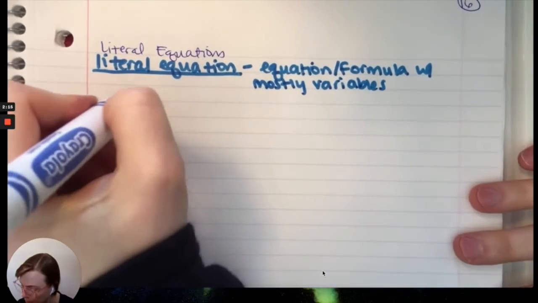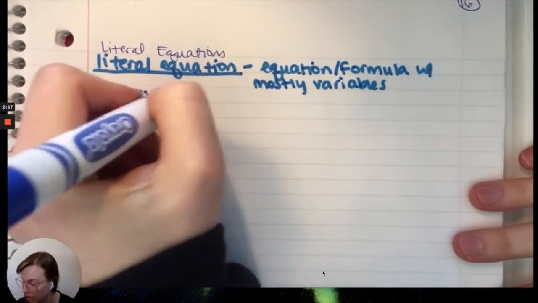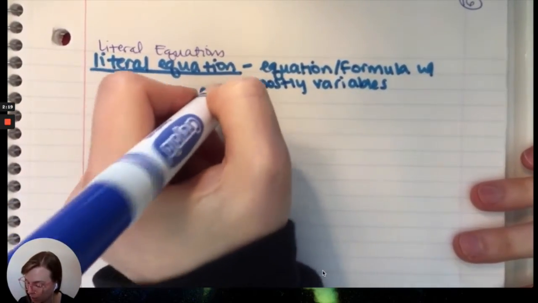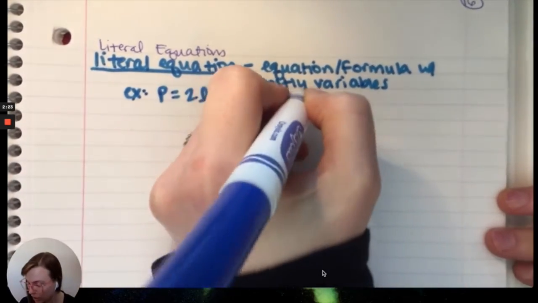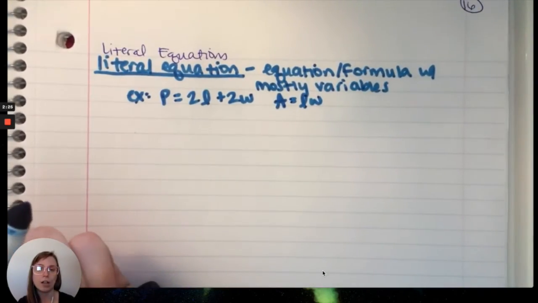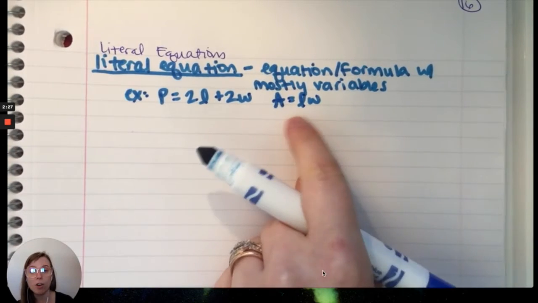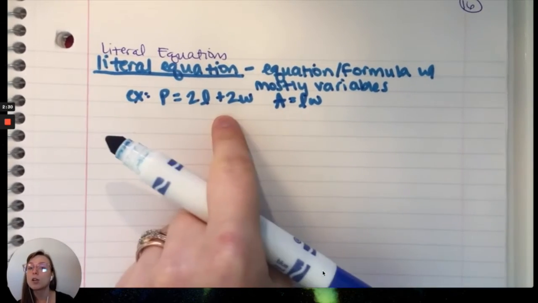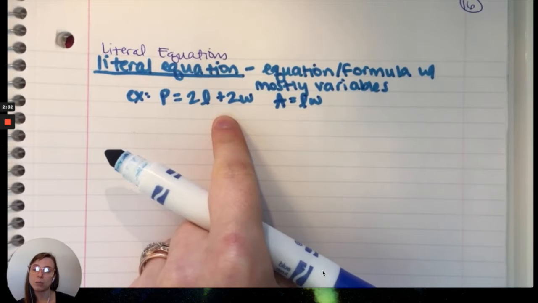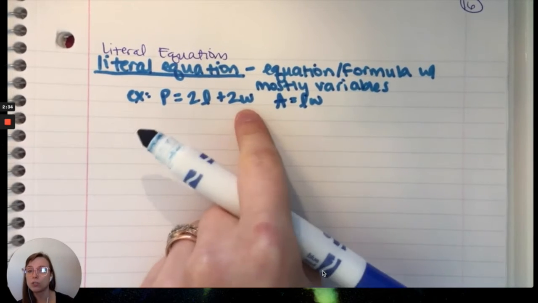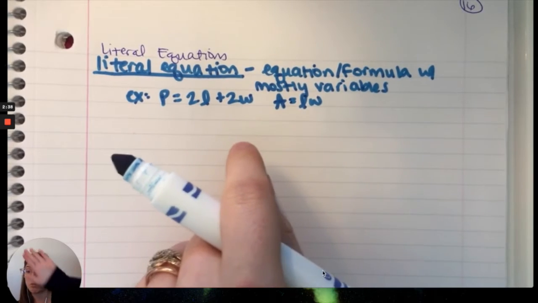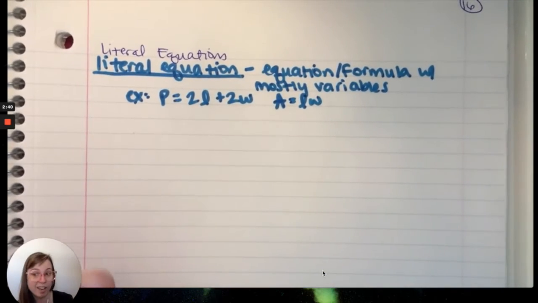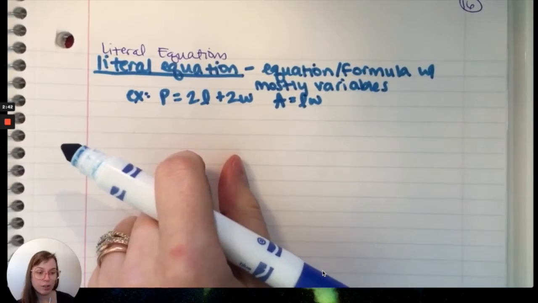An example is perimeter is equal to 2 times the length plus 2 times the width. That's for a rectangle. Or area, which is length times width for a rectangle. So notice how in the area one there are no numbers at all, but in the perimeter we do have some numbers for coefficients. There's 2 lengths and there's 2 widths, but we could actually avoid that if we wanted to put length plus width, and then we have only variables. So there's different ways of writing it.